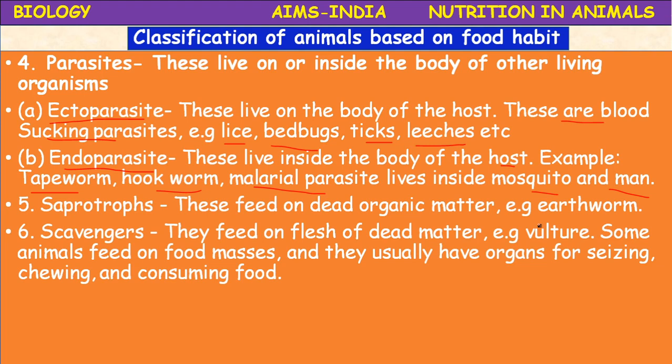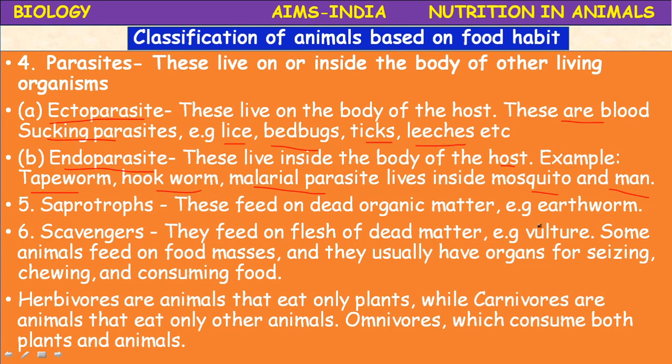Some animals feed on the food masses, and they usually have organs for seizing, chewing, and consuming the food. Eagles, vultures. Vultures are called the natural scavengers. Even plants also have saprophytes and parasites. Bacteria and fungi belong to the plant group, and they are called scavengers.